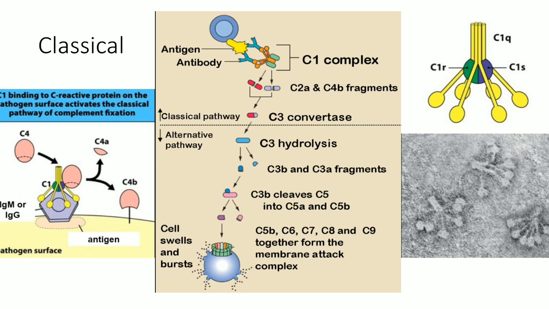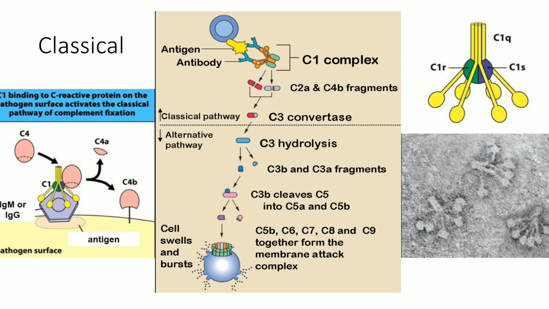This C5B will activate C6, C7, C8 and C9 to form the membrane attack complex. So that is about the classical pathway. Just revise C1, C4B, C2A, C3B, C5B, C6, C7, C8, C9.